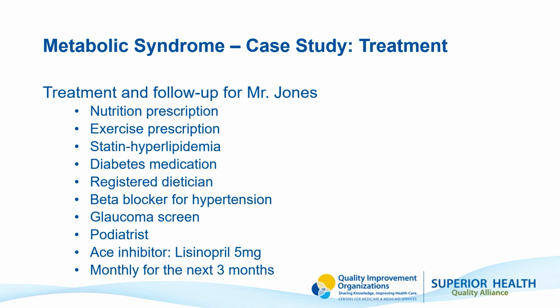He needs to see a registered dietitian, which we mentioned, for the nutrition prescription. Beta blocker for his hypertension. He needs a glaucoma screen by an ophthalmologist who can further diagnose any potential eye problems. A podiatrist, an ACE inhibitor such as lisinopril, and he needs to be seen every 3 months.